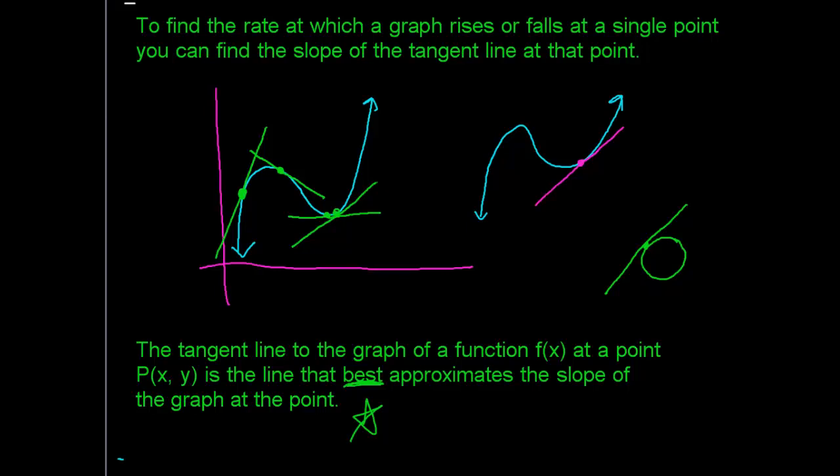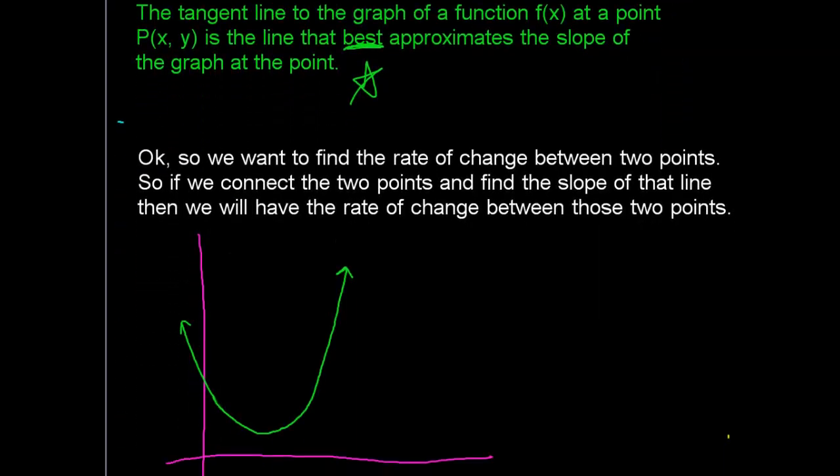She might say, well, I think it's more like there. Then Sammy, it's your turn. Sammy might say, yeah, I think that's it right there. The point is, the tangent line is the one that best approximates the slope of the graph at that point. So there could be several different options here. I'm looking for the best one, and you're going to see how that connects here in a second.